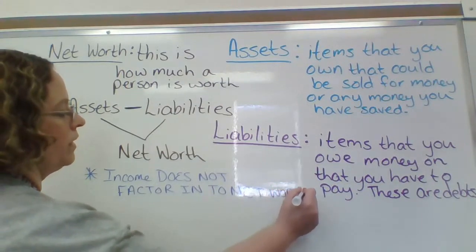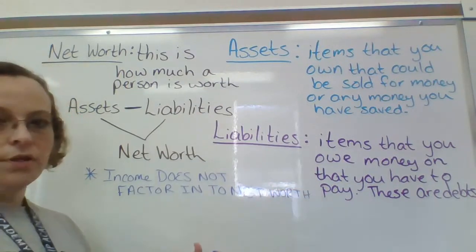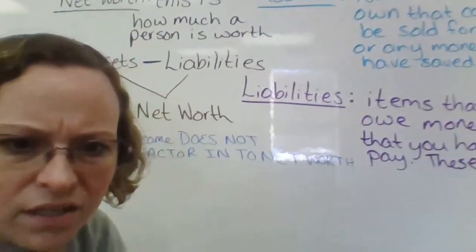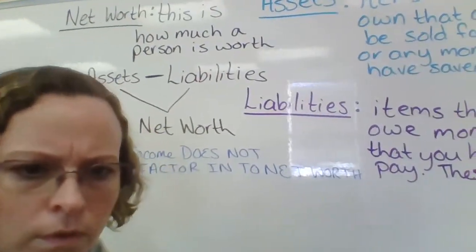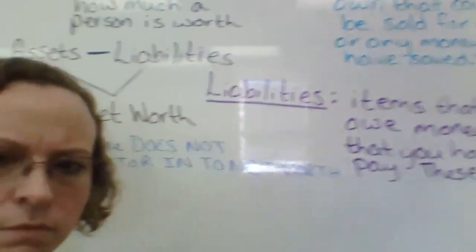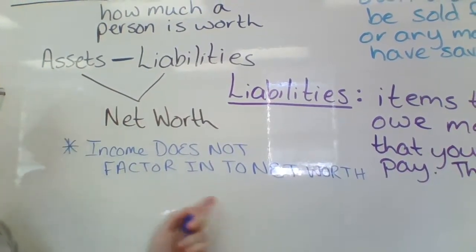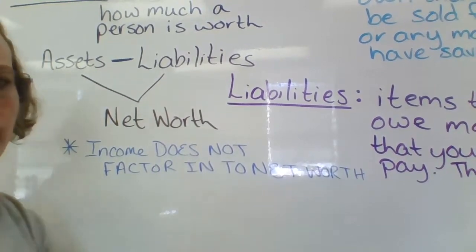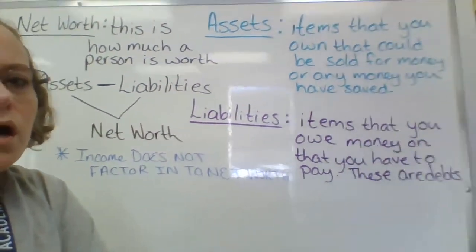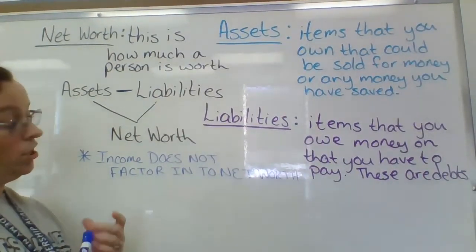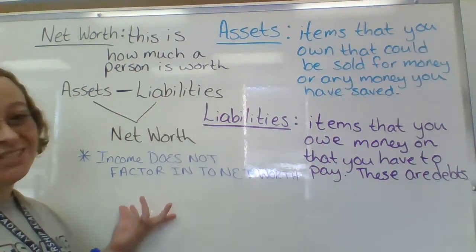So we're going to be doing a net worth chart in a little bit. Okay, so income does not factor into net worth. We're going to be doing a chart in a little bit, and income is one of the things, and net income does not factor into net worth.